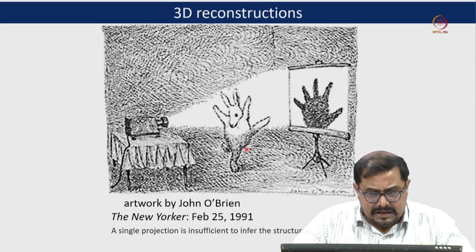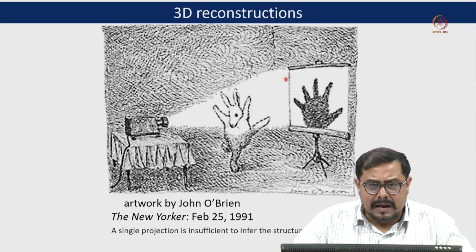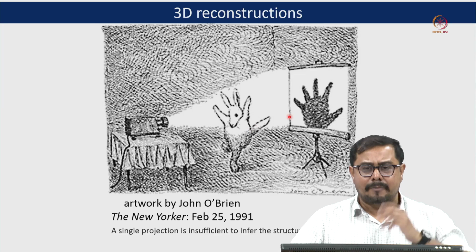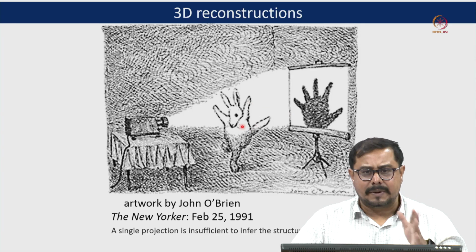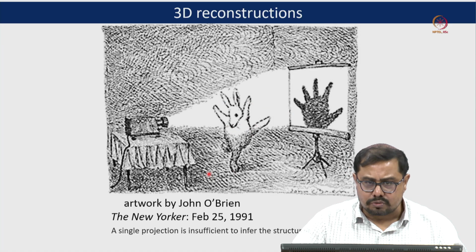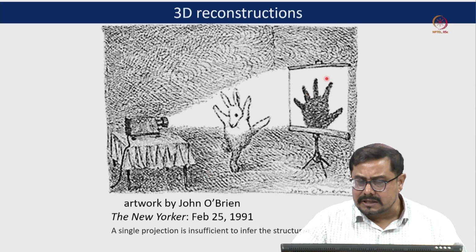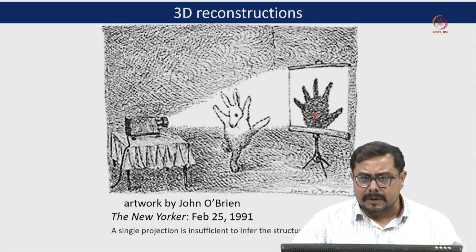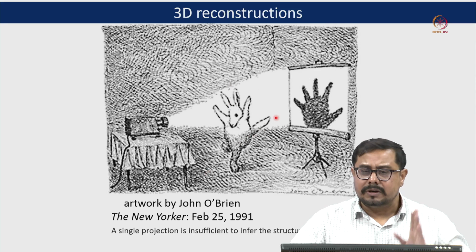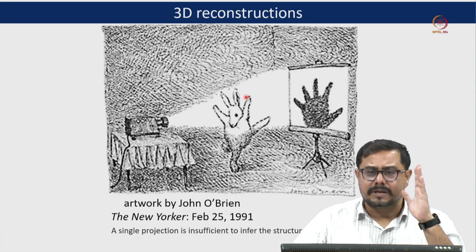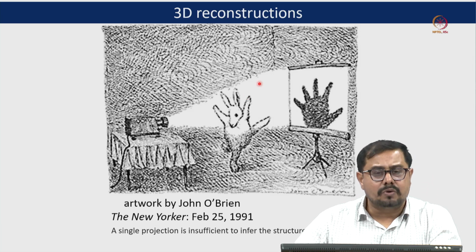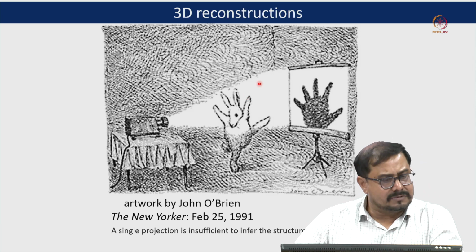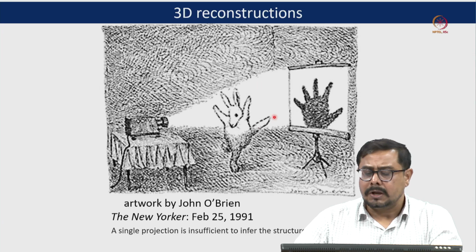So there is a high chance we will end up with a wrong structure if we have only one image. That is what happened at the beginning, because when I blocked this, we didn't know what was inside. We were looking at this particular image and from it trying to predict what kind of 3D structure is inside. So definitely one particular projection is not good enough to get a 3D reconstruction.